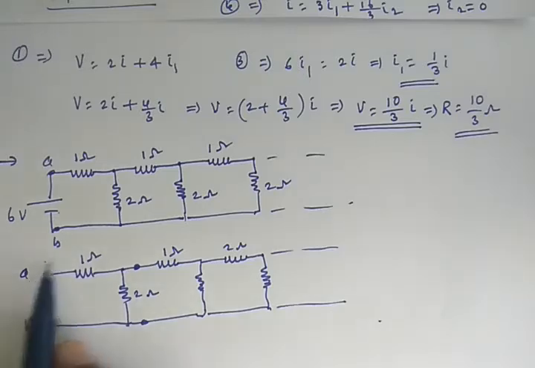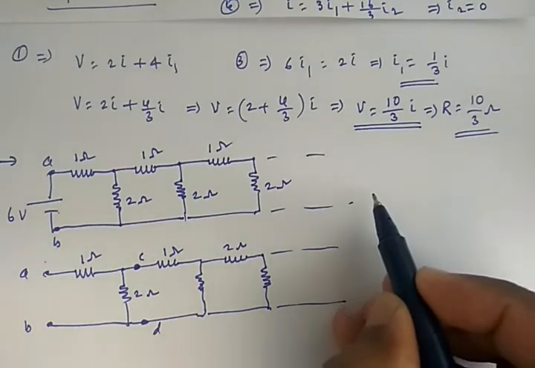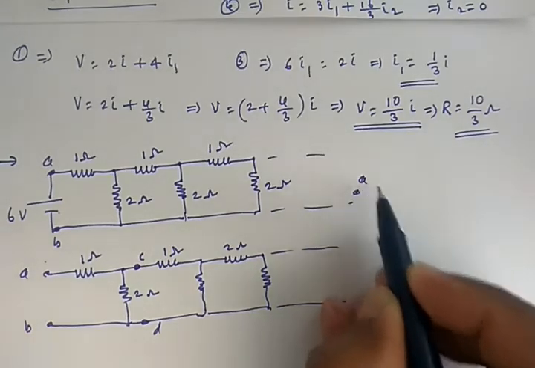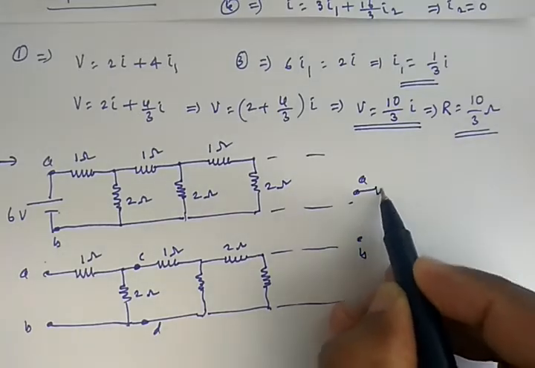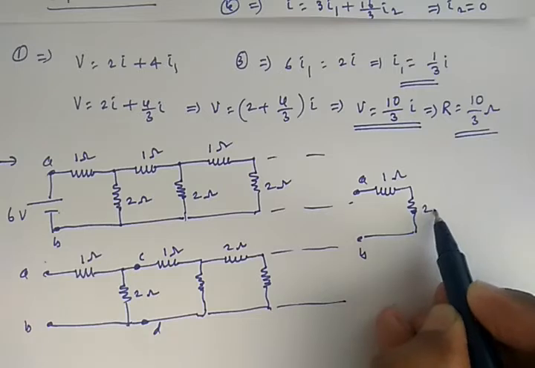So if the net resistance of the whole system is X, then the resistance across these terminals, let's say C and D, must also be X. Now I can replace the whole system across C and D by X, and you will see the same resistance across A and B. So this is A and that is B. There is a 1 ohm resistor here and a 2 ohm resistor here.